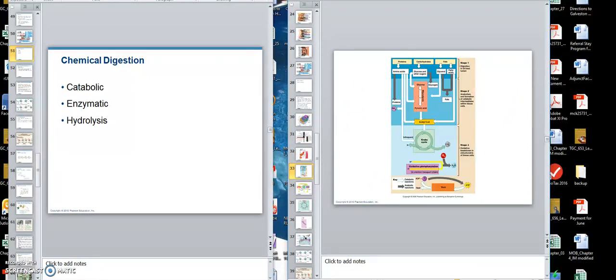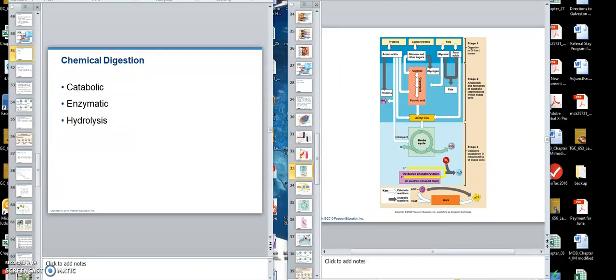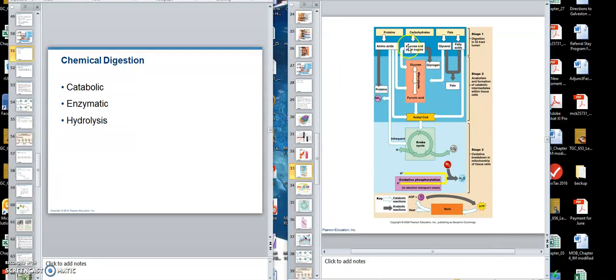Once you get it to the monomer and get it absorbed and get inside some of these cells, you're taking these proteins, carbohydrates, and fats, and then you're going to burn them in glycolysis and the Krebs cycle. Some of you have heard of this.